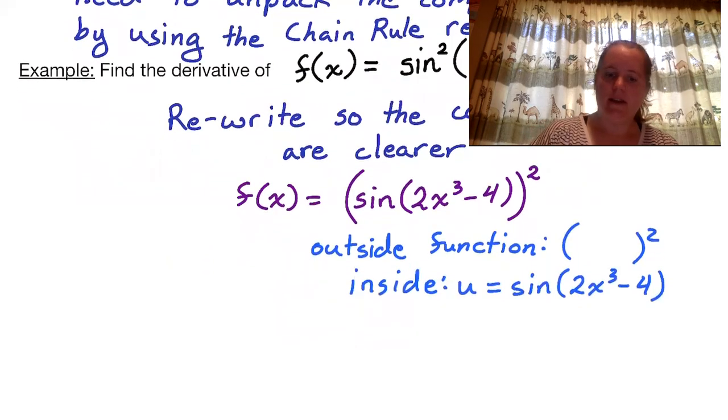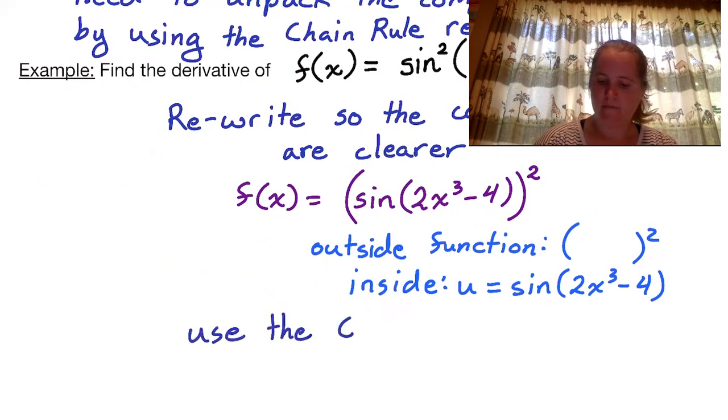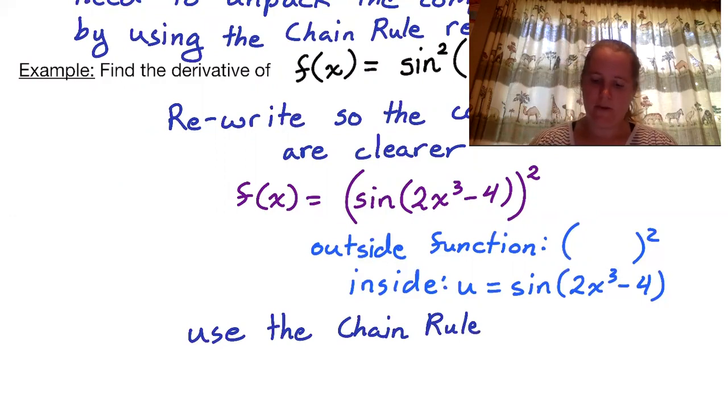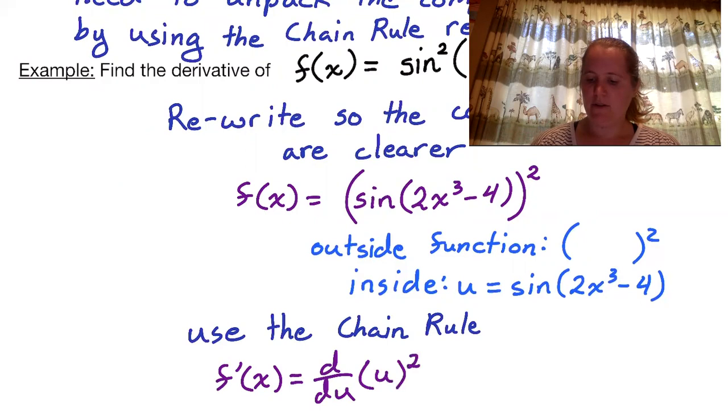If we want to take f prime of x, we are going to use the chain rule. And when using the chain rule, f prime of x is equal to, we're going to first take the derivative with respect to u of the outside function, u squared. And then we'll multiply by the derivative of u with respect to x.